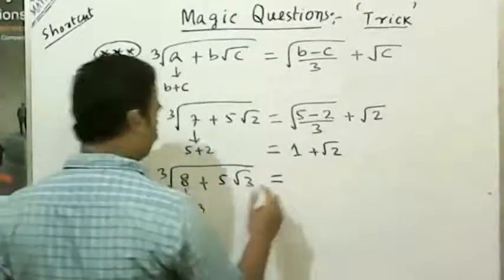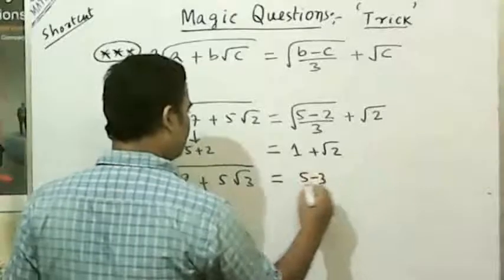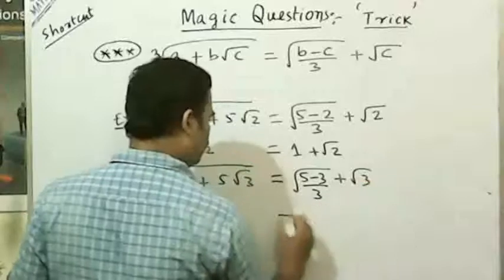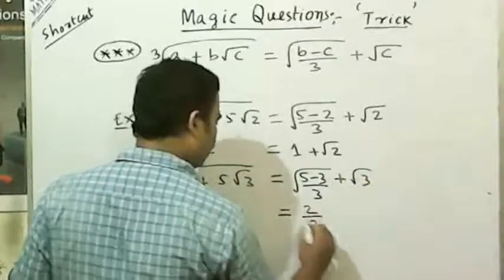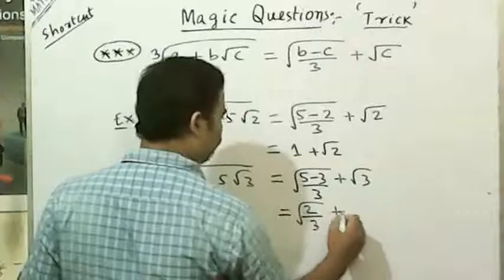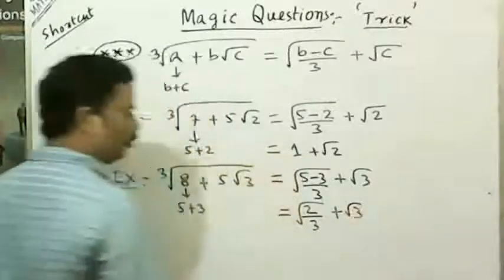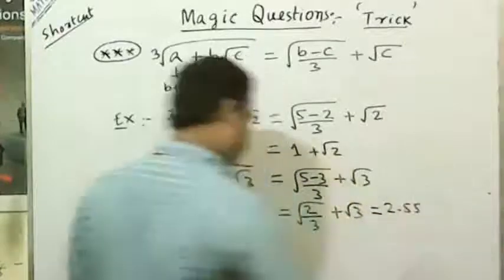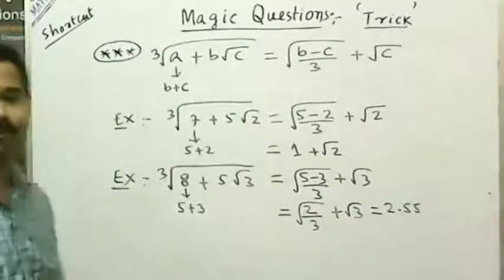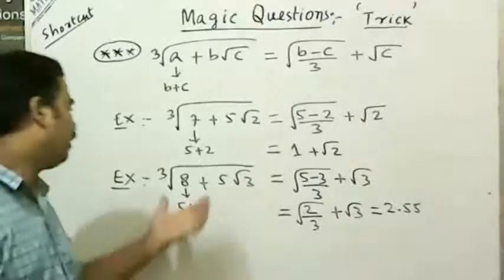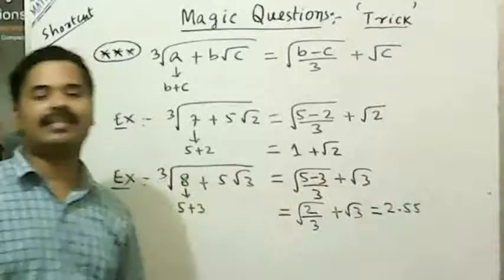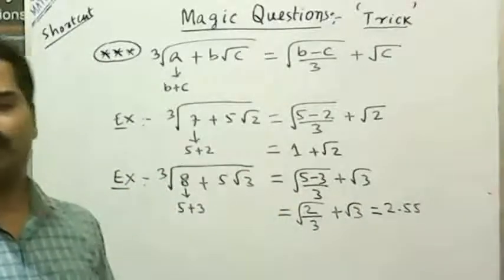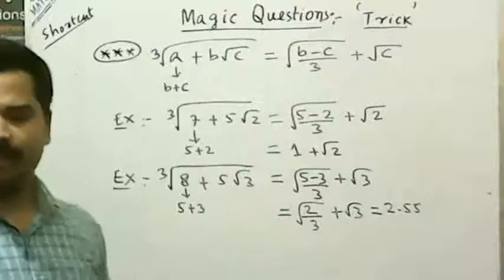So the result will come as 5 minus 3 by 3 root over plus root 3, meaning 2 by 3 root over plus root 3. So exactly the value comes, that is 2.55. You have to check whether this left side is equal to right side or not. You take the calculator and test whether this value will come or not.